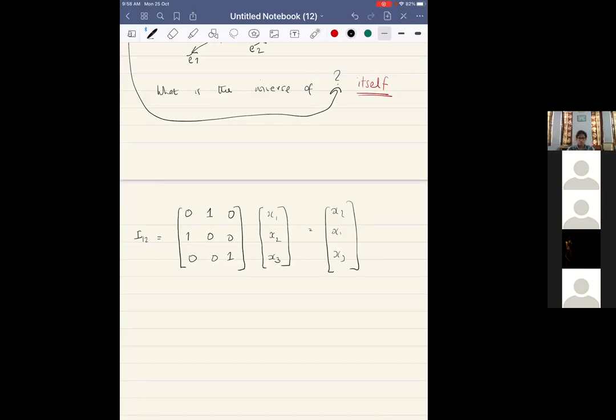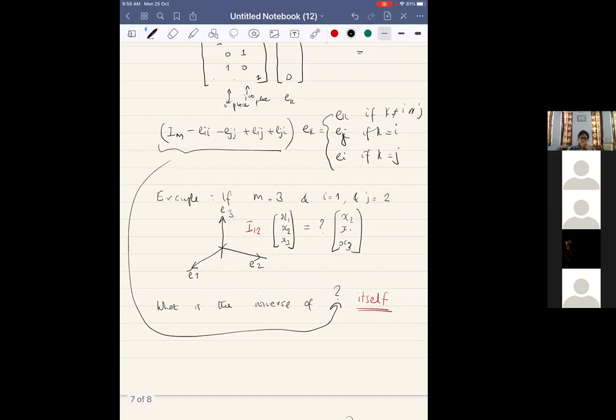So this is what we said here: I12 acting on the column vector x1, x2, x3 gives you x2, x1, x3. In geometric terms, it takes a vector like this and gets you a vector like this. It keeps the third component unchanged, but it changes the 1 and 2 components. This is what I12 does to a vector in geometric terms. And this vector goes here, which is why when you do it twice, you get the identity linear map.